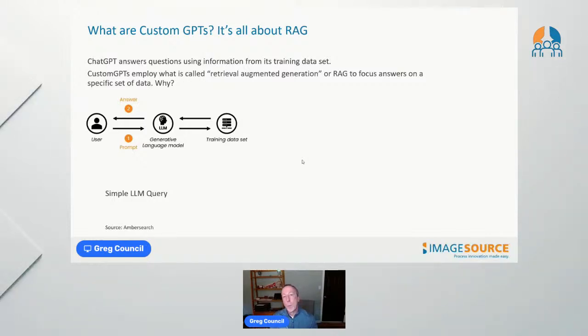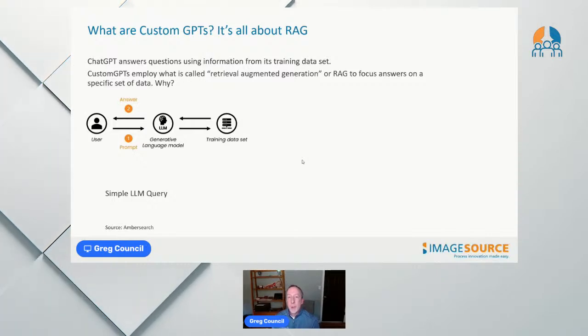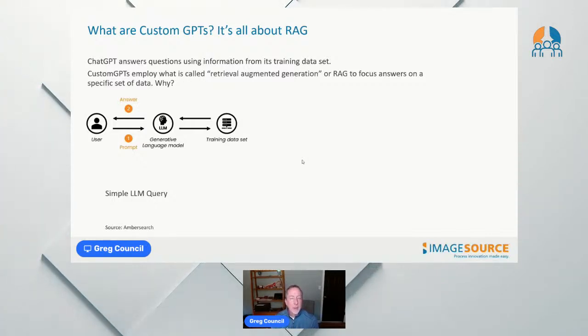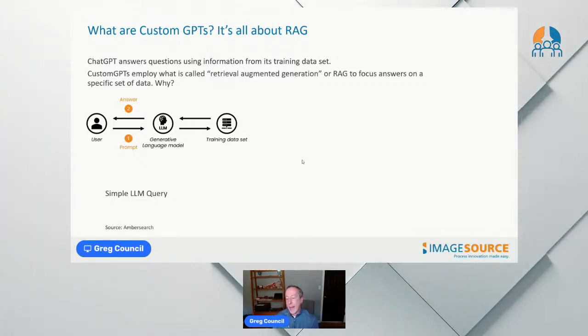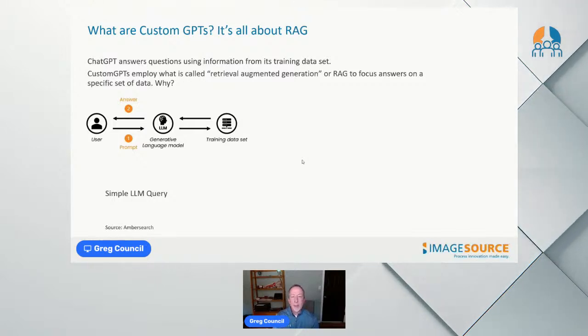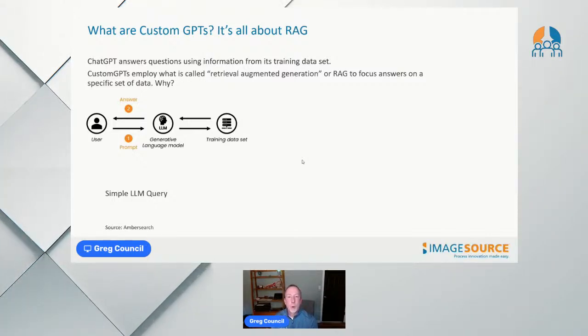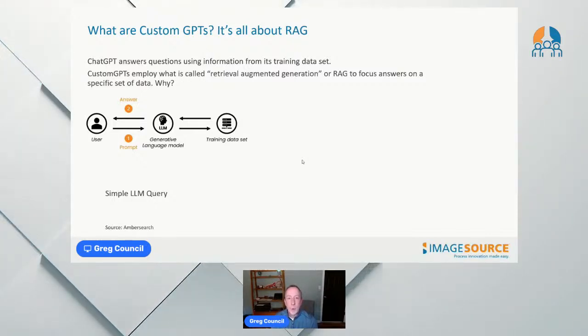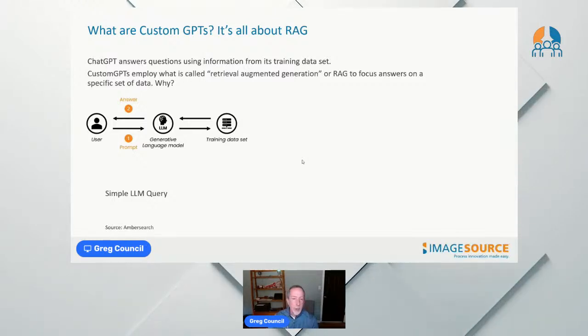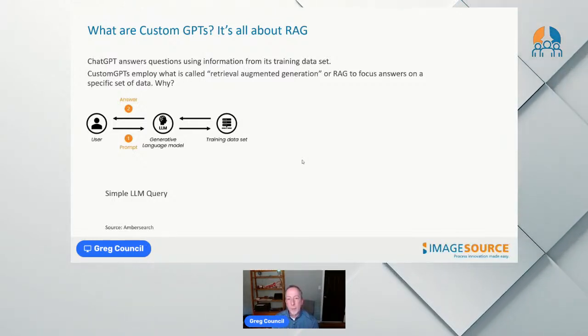The reason we do that is to reduce the variability of answers, and to focus answers on a specific domain. Let's say your organization has a frequently asked questions site, and your customer support group often gets a ton of different types of questions that it has to look through a knowledge base to find this type of information.